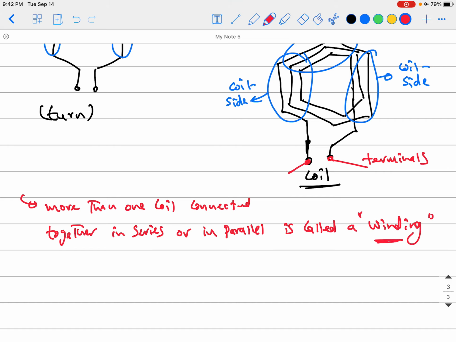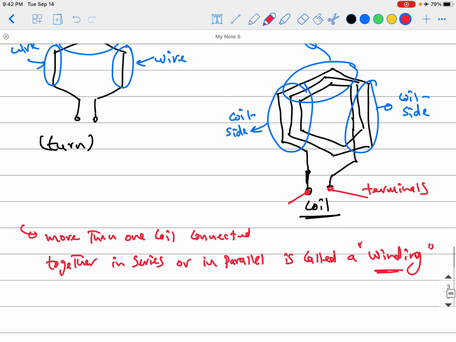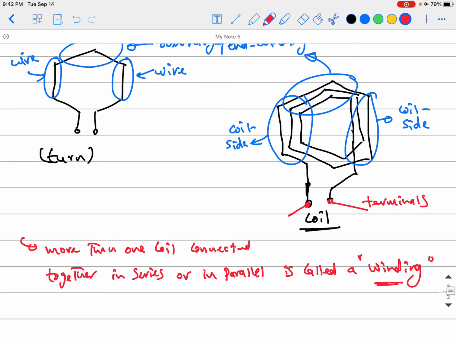Okay, so you can have not just one coil like that, you can have 2, 3, 4, whatever you want, and you just connect them together in series or in parallel, and now you have a winding. Once they are connected together, they are together called a winding. So the winding is some coils, and the coil is some turns, and the turn is two conductors. Okay, so that is the idea.